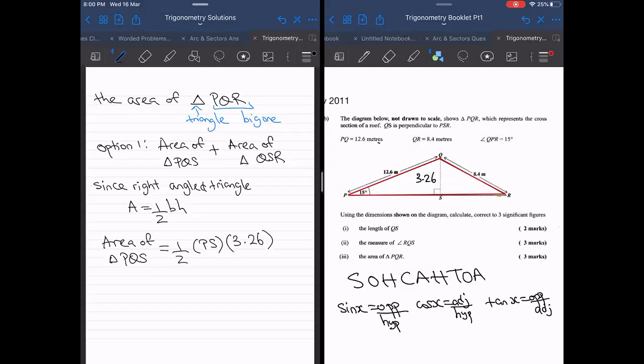So you would have to go ahead and find PS. This one has a lot more work. And then for the area of triangle QSR, it'll be a half the base times the height. So with option 1, you would have to find PS, you'd have to find SR, and then work out everything. Not impossible, but definitely longer than what I'm about to show you.